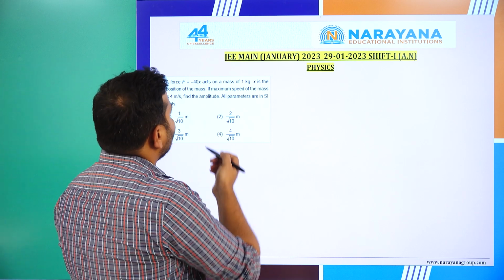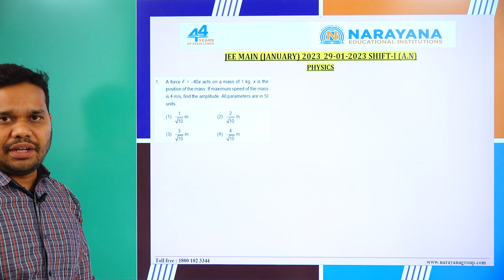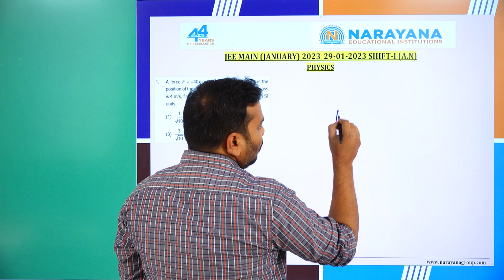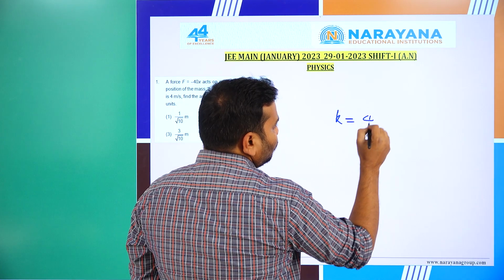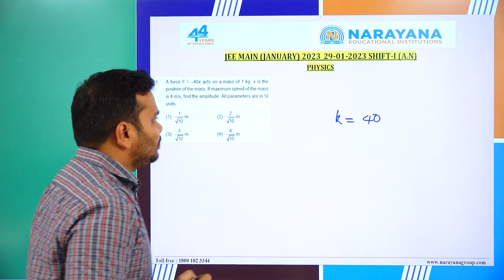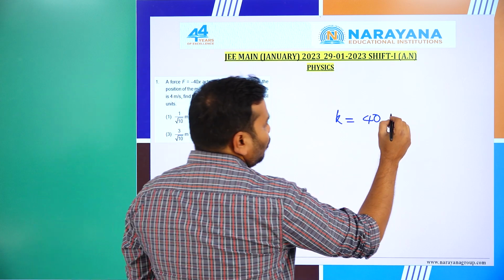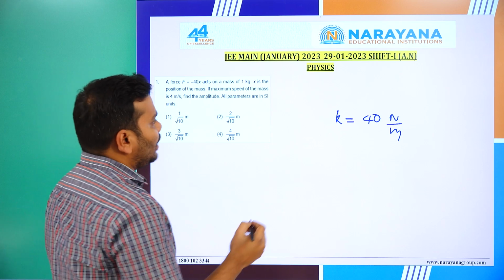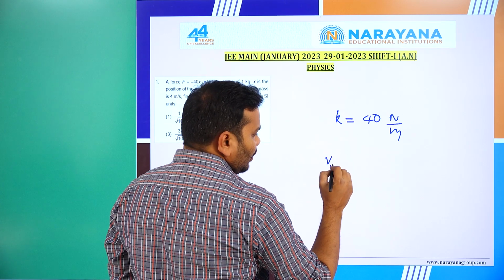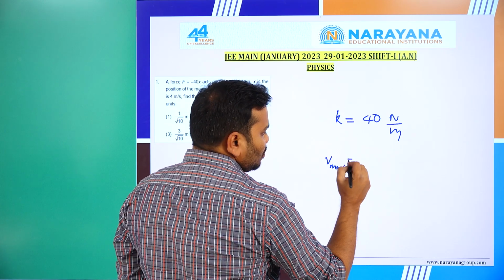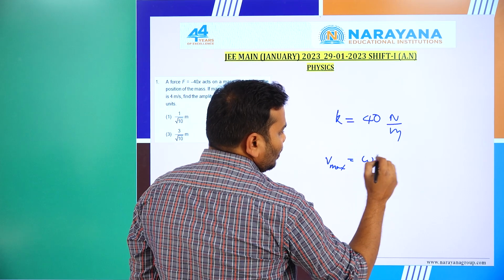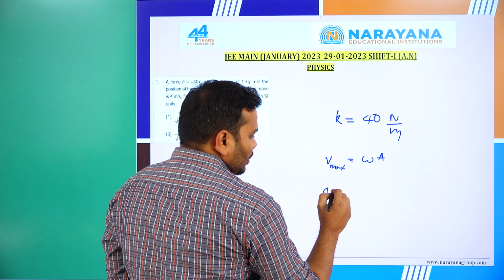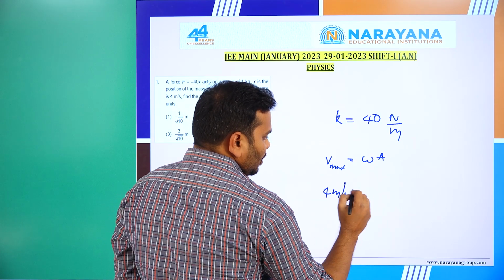As the force is given as F equal to minus 40x, the K value, the force constant, is 40 Newton per meter, and we have to find the amplitude. They have already given the maximum speed. Maximum speed is equal to omega times amplitude, and this maximum speed is 4 meter per second.